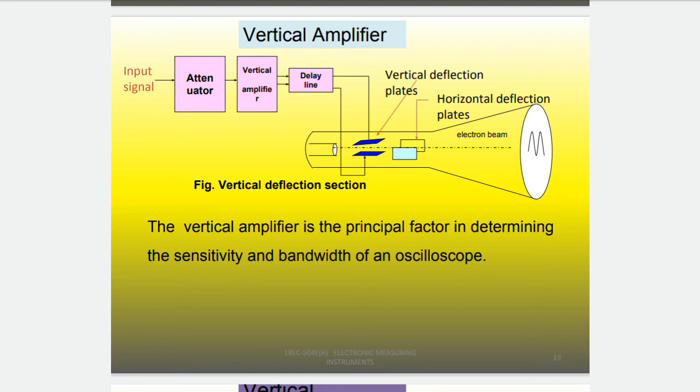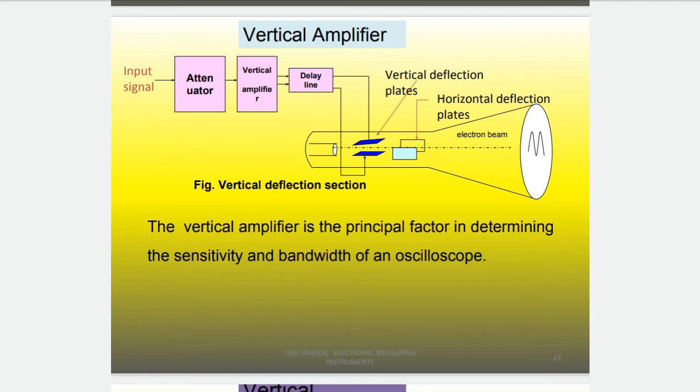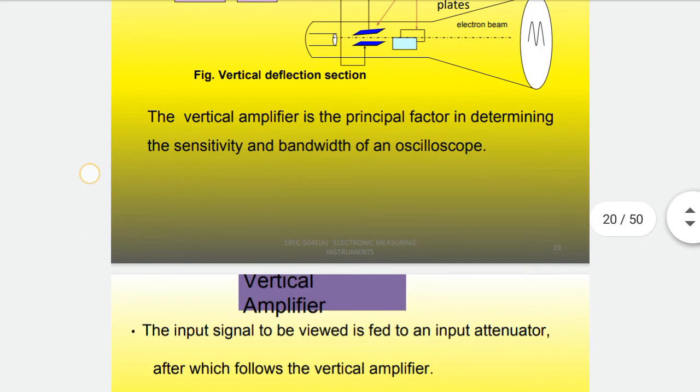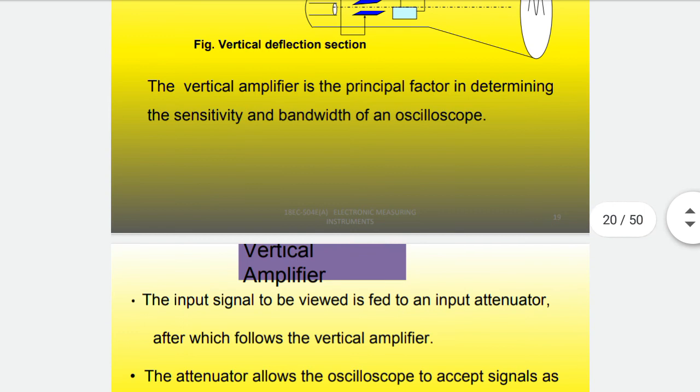The vertical amplifier amplifies the input signal, and the signal whose waveform is to be analyzed is given to the vertical inputs of the CRO. The gain of the vertical amplifier can be adjusted such that sufficient drive voltage is obtained at the deflecting plates.